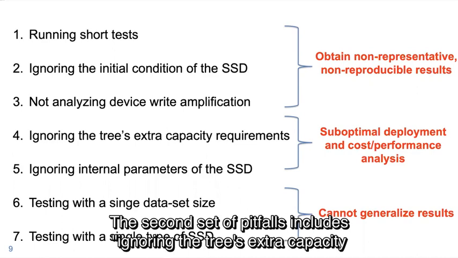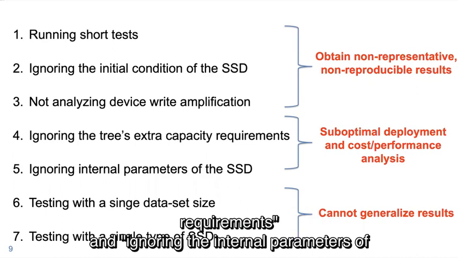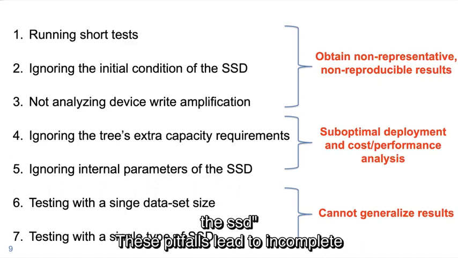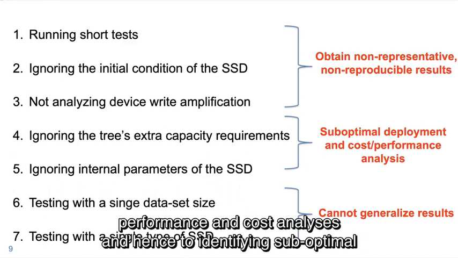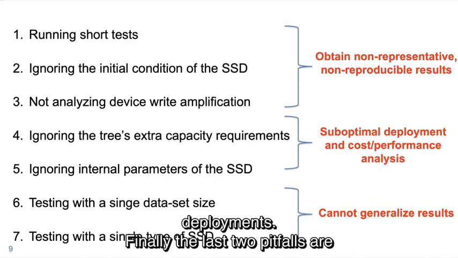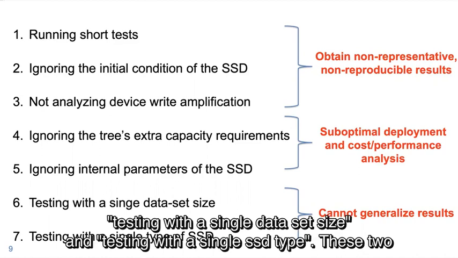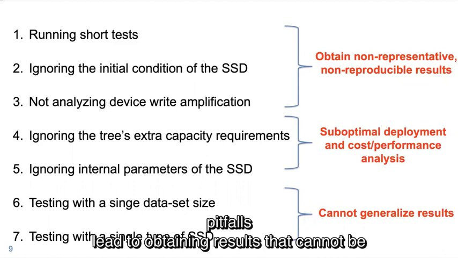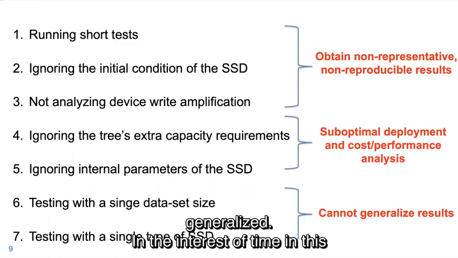The second set of pitfalls includes ignoring the tree's extra capacity requirement and ignoring the internal parameters of the SSD. These pitfalls lead to incomplete performance and cost analysis, and hence to identifying suboptimal deployments. Finally, the last 2 pitfalls are testing with a single dataset size and with a single SSD type. These 2 pitfalls lead to obtaining results that cannot be generalized.